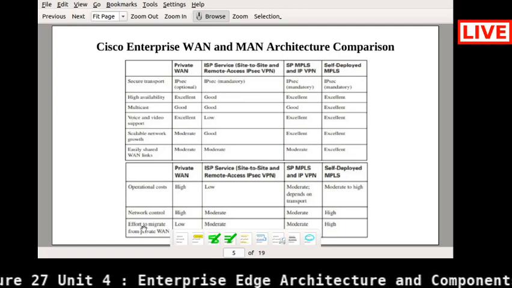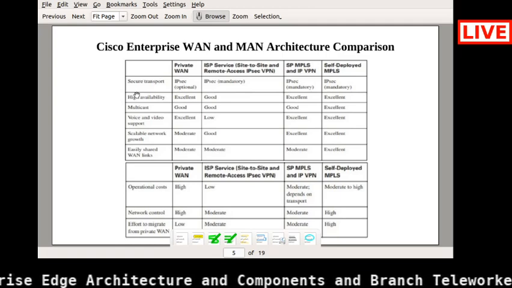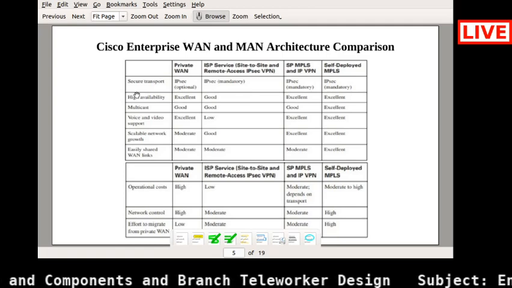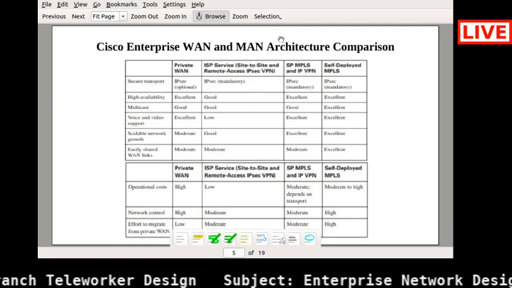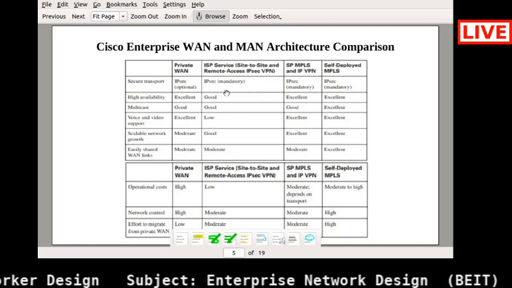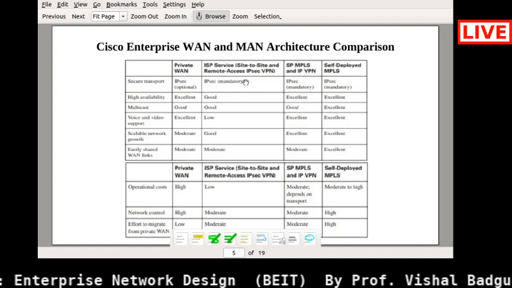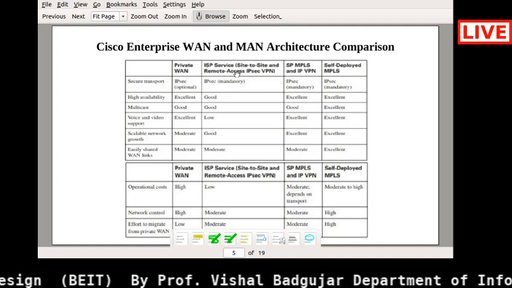For example, if you want secure transportation, which one is very good for your organization? You can select that technology for your WAN or MAN design.